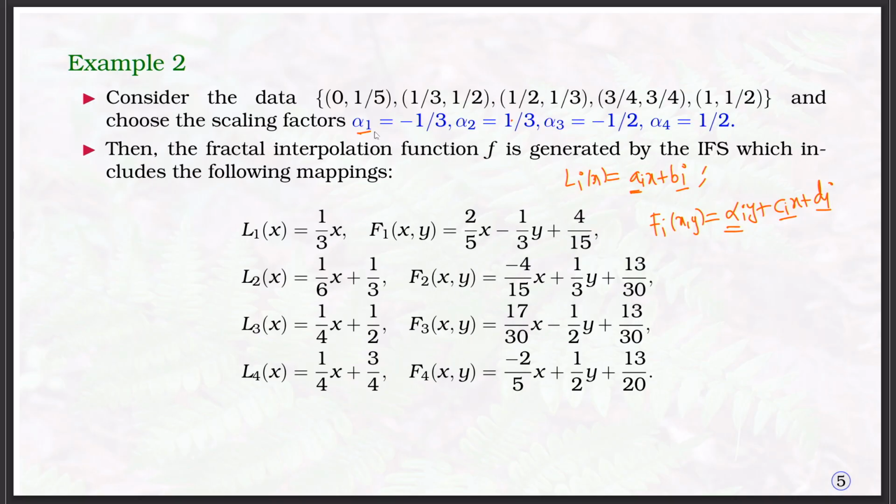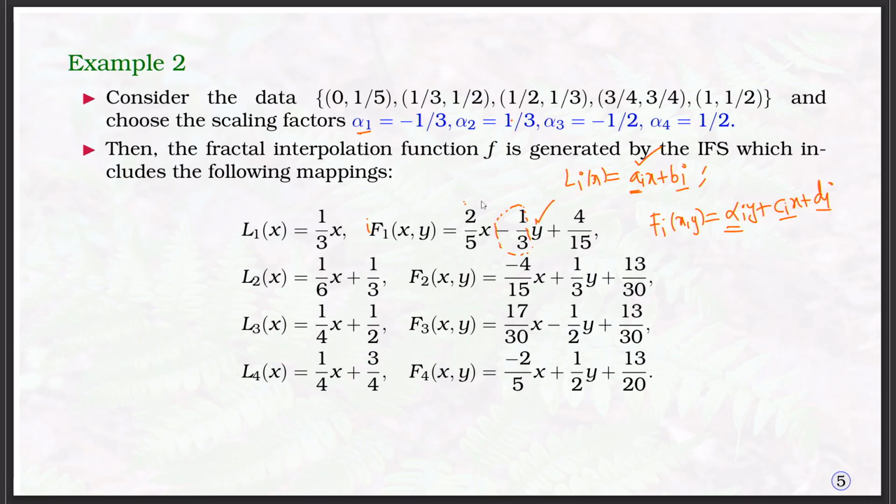Now, the alphas, as we know, are the vertical scaling factors acting on the function F alone; there is no effect on the L_i of x. If you choose alpha 1 as minus 1 by 3, then you get minus 1 by 3 acting on y.